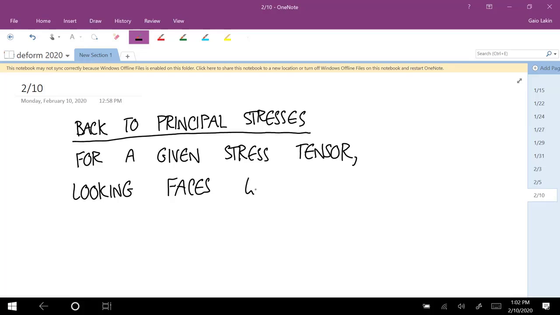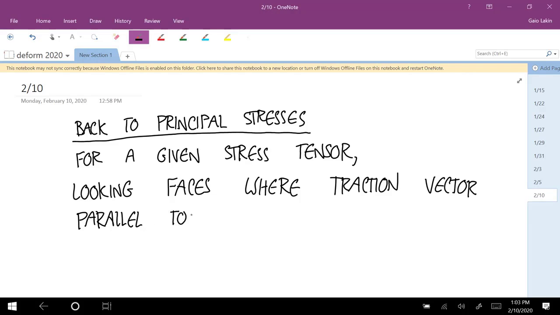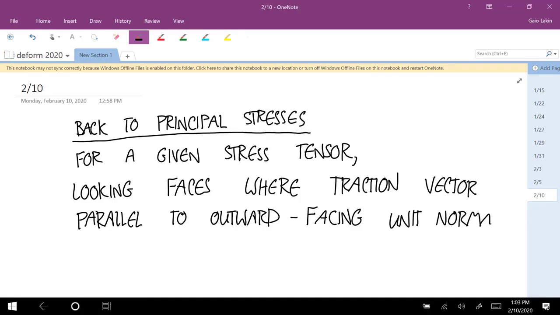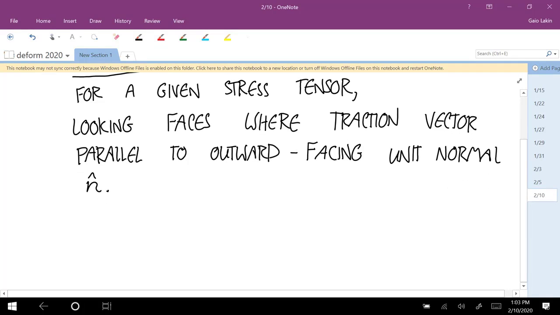We're looking for the faces where the traction vector is parallel to the outward facing unit normal. So that's what we always call n hat. And when we find these, what we've found are faces with only normal traction components.